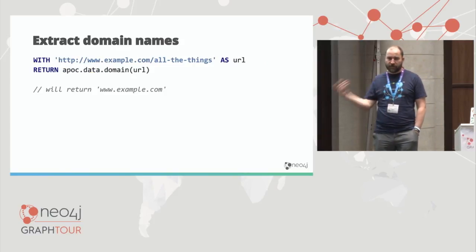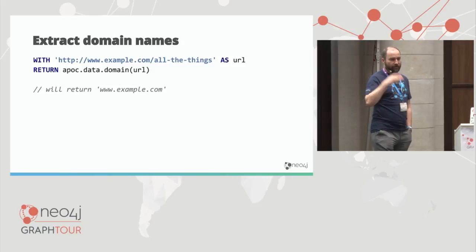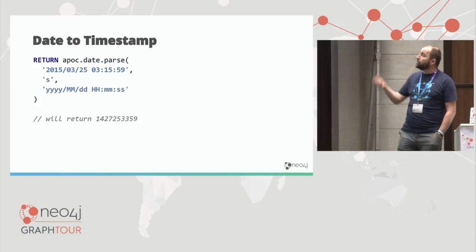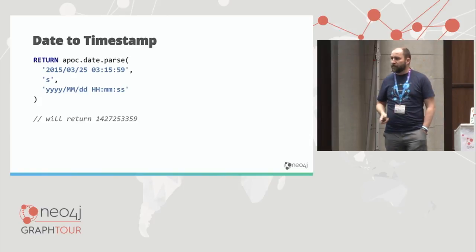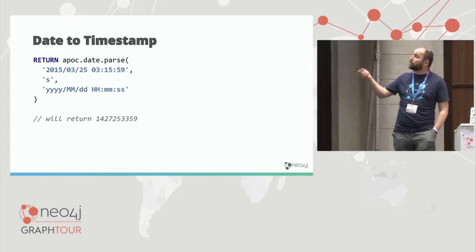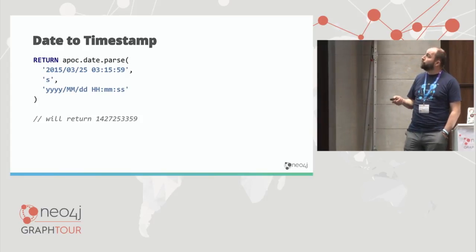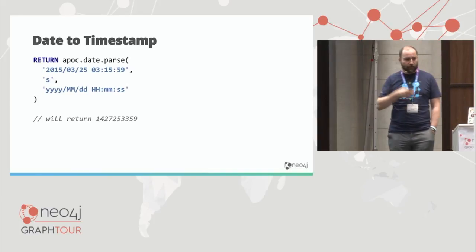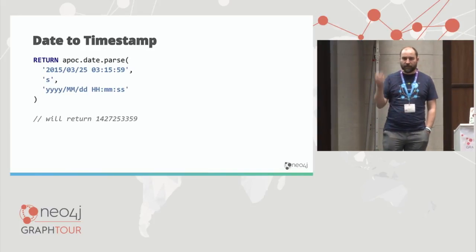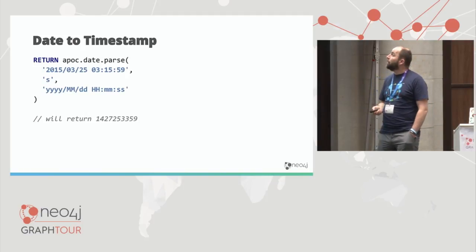We have functions that extract email domains and URL domains from URLs, which could sometimes be handy. And the most widely used are the text, time and date functions to parse and format text. So basically, you have your input, in this case a text. I specify the granularity, I want seconds as the time granularity, and then a date format, and it parses the date for you.